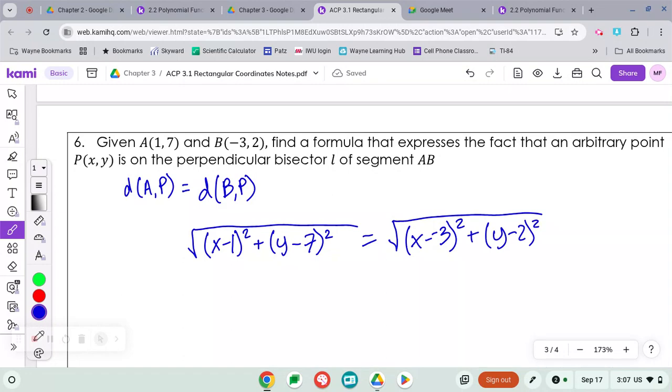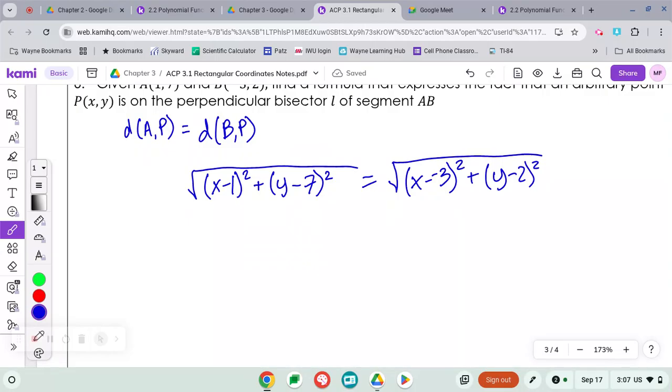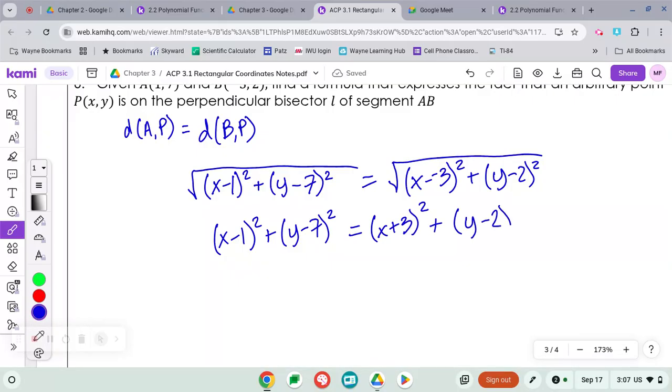Now the good thing is, since there's just a square root on both sides, if I square both sides, those will disappear. Now I have x minus 1 squared and y minus 7 squared. That will be equal to x plus 3 squared and y minus 2 squared.